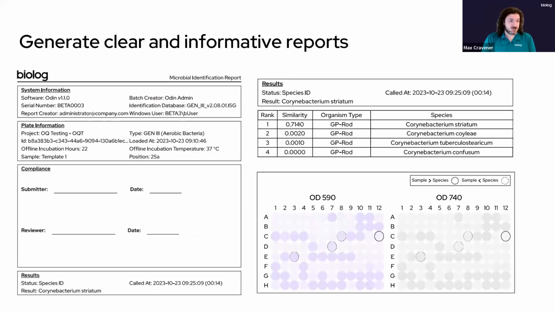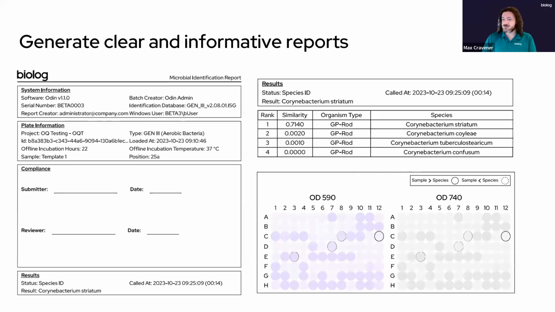And finally, through the software, you're able to generate a report that is both clear and informative and also compliant with 21 CFR Part 11 regulations. So here we have a few different pieces of information about the user, what the sample was loaded, how it was incubated, where it was incubated. Any user-defined information, such as sampling location, will also be recorded here.